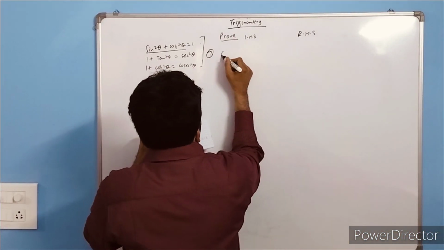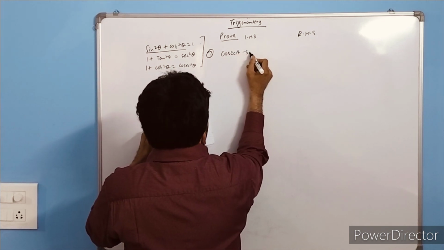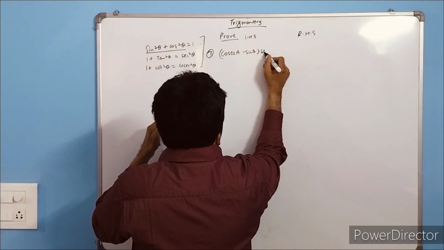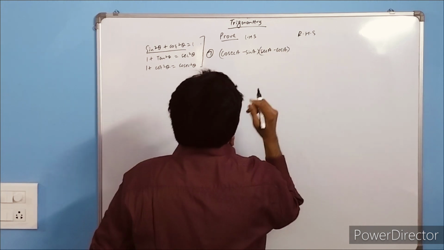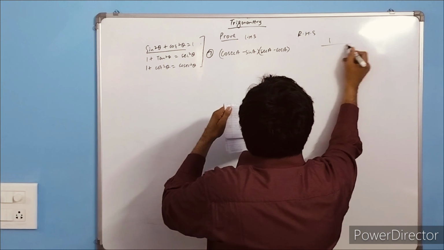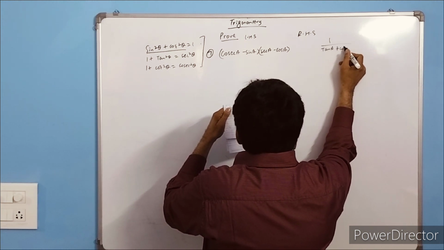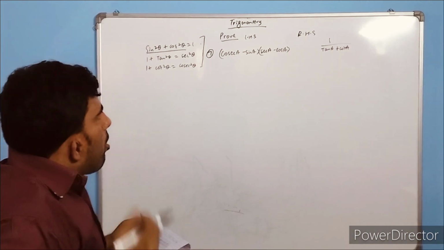On the LHS side they have given cosec A minus sin A into sec A minus cos A. On the RHS side what they have given is 1 upon tan A plus cot A. So we have to solve both.